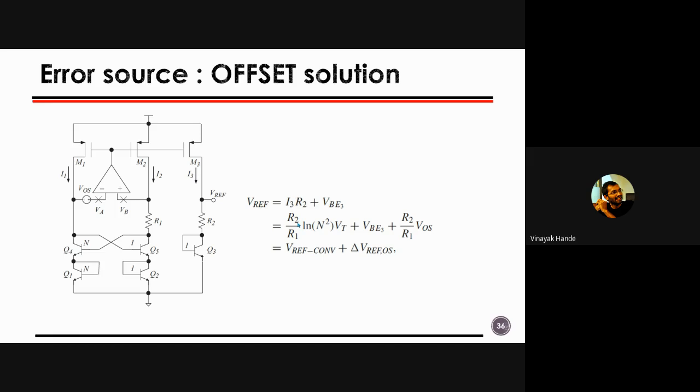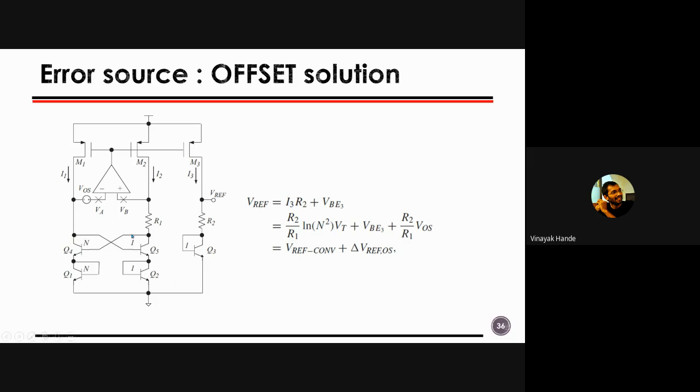Apart from that, the fundamental problem with this kind of architecture is that here you are getting 700 millivolt. Here you are getting 1400 millivolt, and after that, again, you are having some voltage above that.